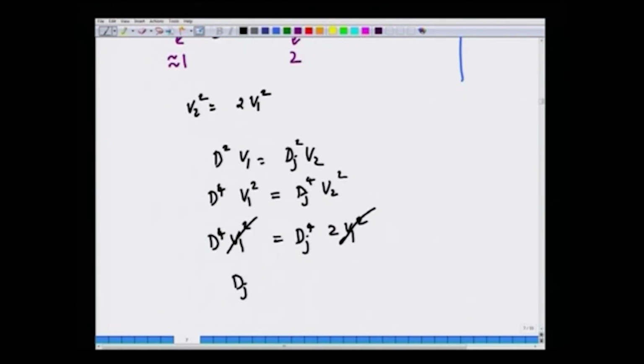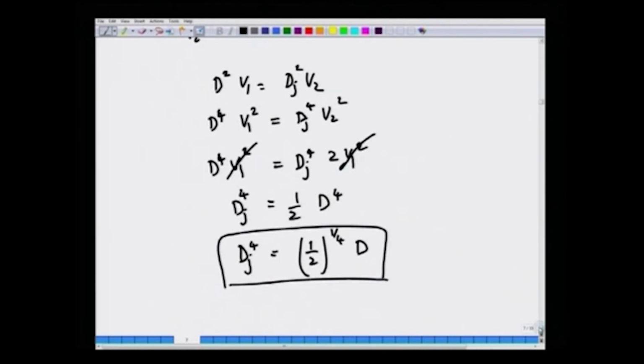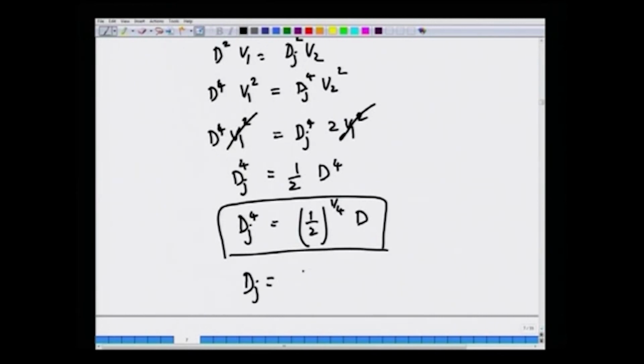So, d jet to the 4 is half d to the 4. So, d jet is 1 by 2 to the power 1/4 times d, or d jet is 0.84 d.